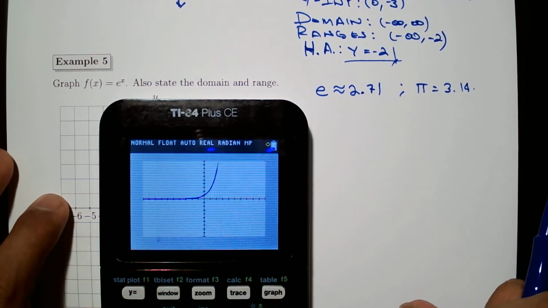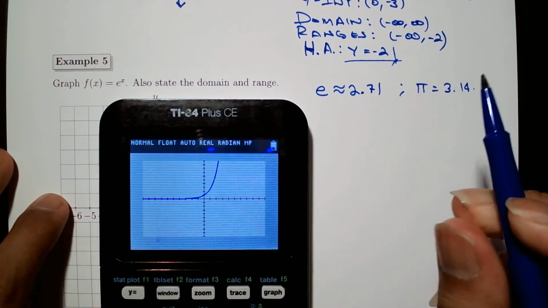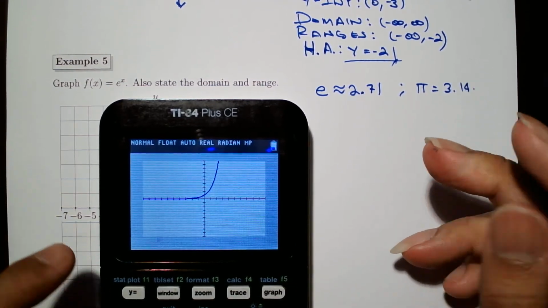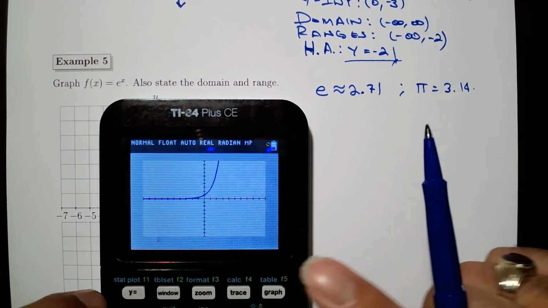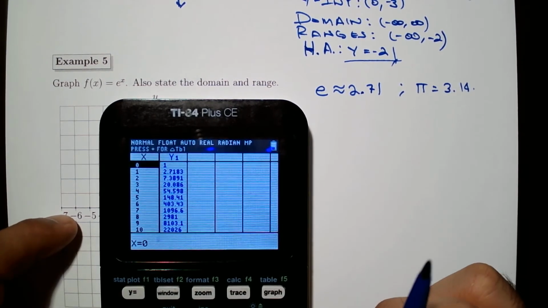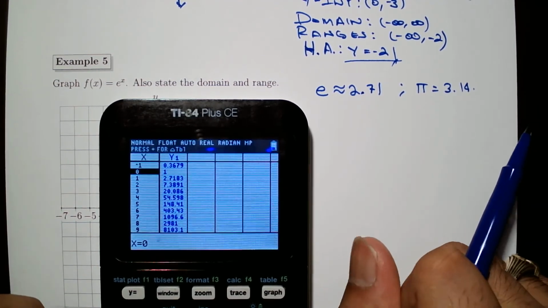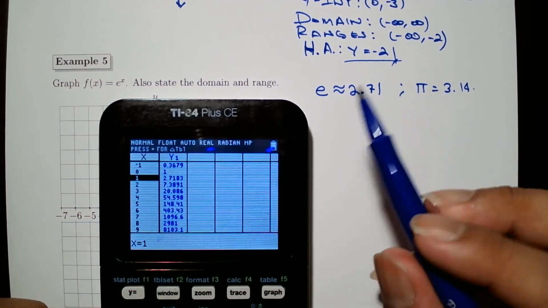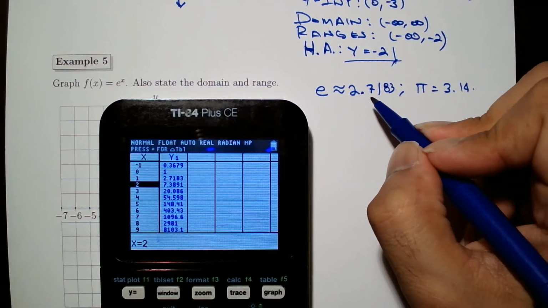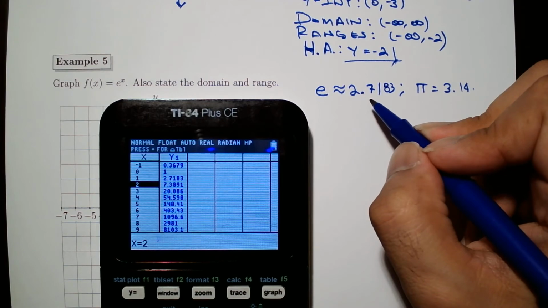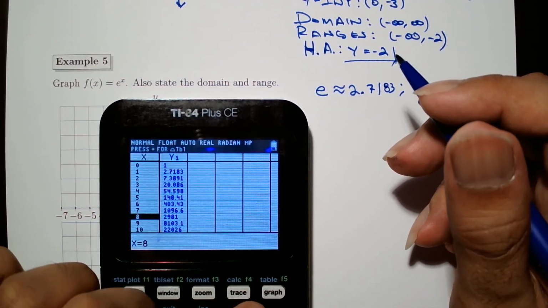Well, it's going to have essentially the same form as the other exponential functions we have been doing, except that if we go look at the table, when x equals 0, the y-intercept is 1. When x equals 1, that's e to the first power, which is 2.7183, blah blah blah. Then e squared, and then e cubed. See how big these numbers get.